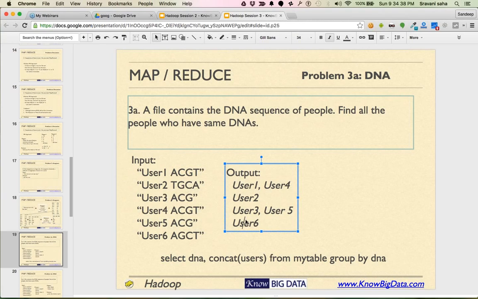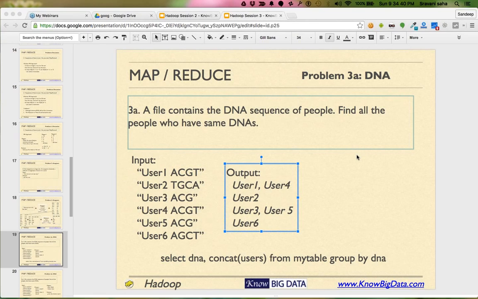So, Bala, I agree with you that this is not related to the data and so on, but this is what is underneath. If you look at this problem closely, it's a group by statement of your SQL query, and the previous one was also similar. And the next one is basically a join.